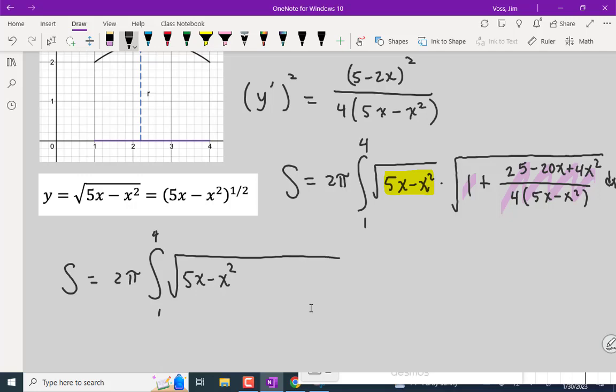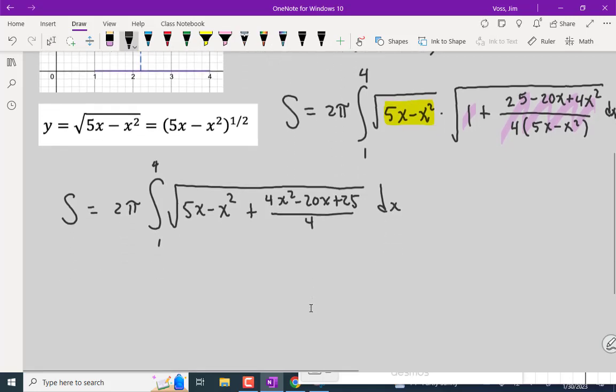And it's going to leave us plus, in the numerator, I'm going to rewrite that so it's in descending order. Don't have to, but that tends to be how we like it. And that's all divided by 4 times dx. And that 4 is inside the root. Maybe I'll just move it up a little bit to make sure it's inside the square root.